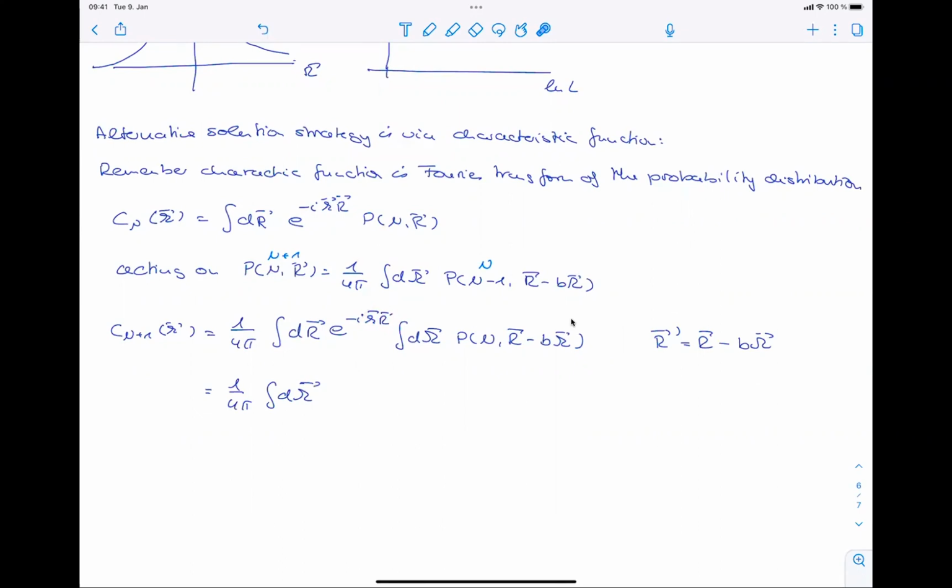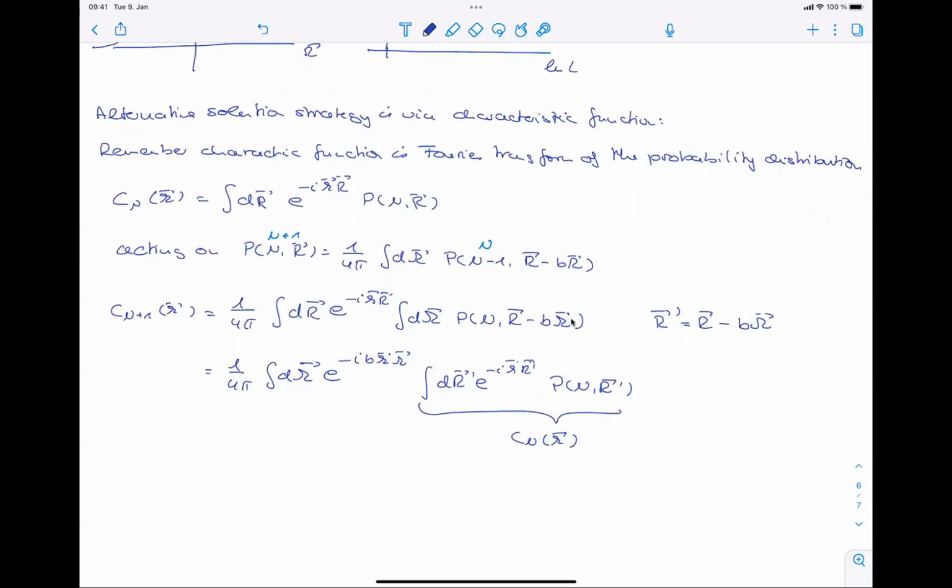And so if I pull out the exponent, then I have e to the minus i B k omega. And here we're left with the dr integral, the minus i k R prime. And now with this transformation, this becomes the R prime. So that's P_n of R prime. So this is just as before, C_n of k.